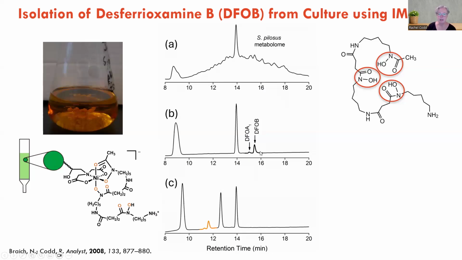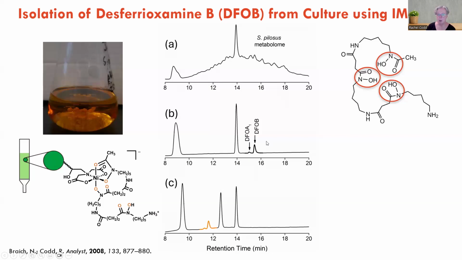So in order to prove that these are siderophores, what we can do is take this mixture and introduce some iron 3 plus into that mixture, and then reacquire the chromatogram.